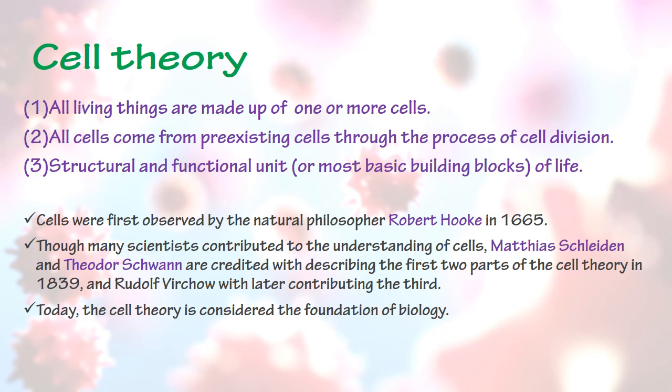Cells were first observed by natural philosopher Robert Hooke in 1665. You know that? So all creatures are made up of cells, and cell theory is considered the foundation of biology.